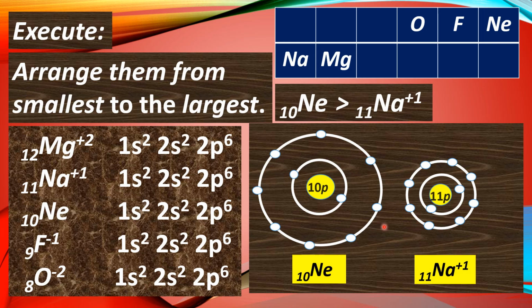And compared to a neutral neon atom, though they have the same 10 orbital electrons, the nuclear charge of the sodium +1 ion is much greater. Consequently, its size must be smaller.